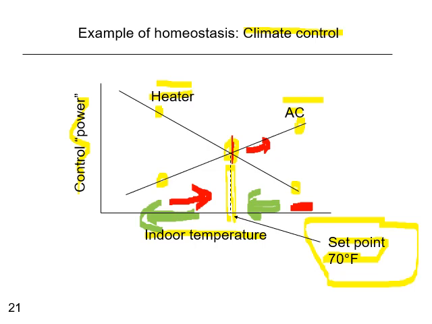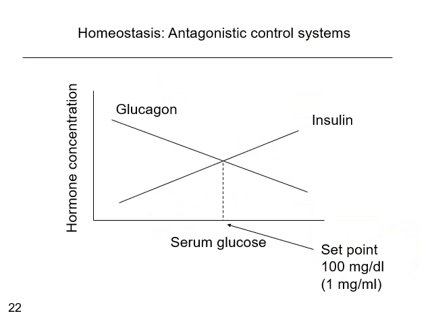So now let's go back to physiology and think about insulin and glucagon. We have a set point for serum glucose. Our body wants to have blood glucose at a set point of about 100 milligrams per deciliter, which is the same as 1 milligram per mil.